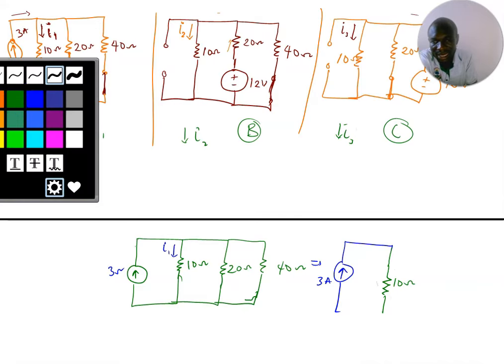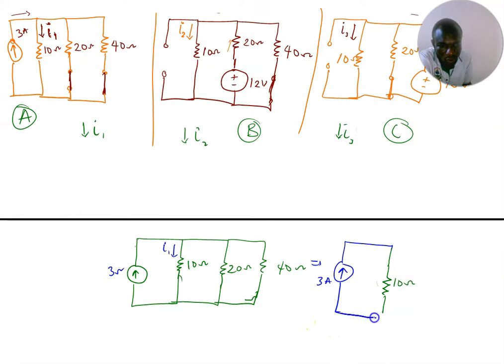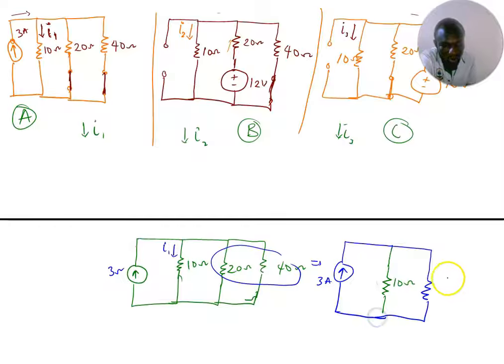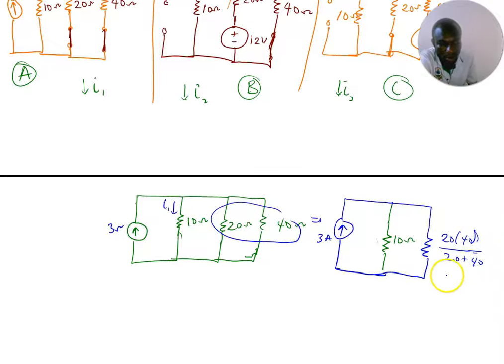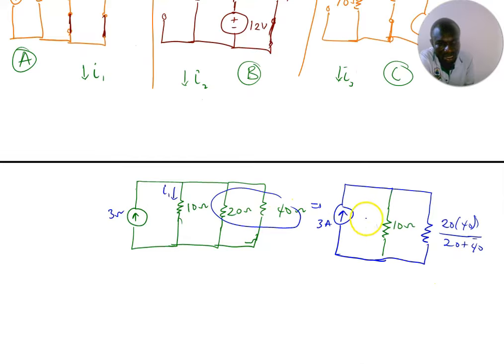Then what do I do? I combine these two resistors. So combining the two resistors, I'm going to get a single resistor here, which is simply going to be what? 20 times 40, all over 20 plus 40. That's the resistor at this end. Let me call it R1.